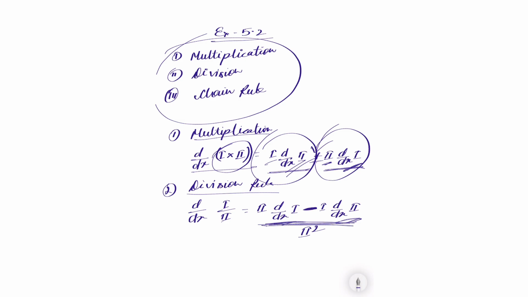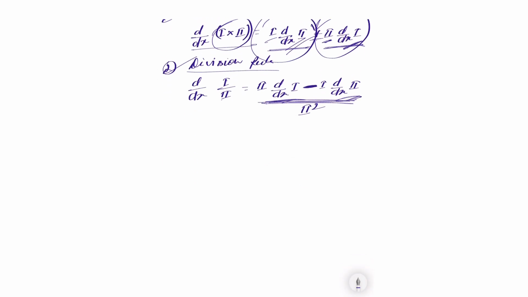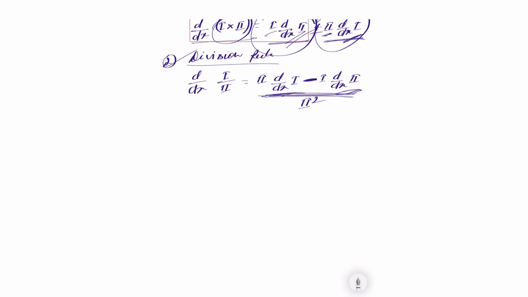Take care: d/dx of first into second is first d/dx of second plus second d/dx of first. That is multiplication. In division, first by second: second d/dx of first minus first d/dx of second, divided by second square. Two rules clear? Now, the third rule is the chain rule.